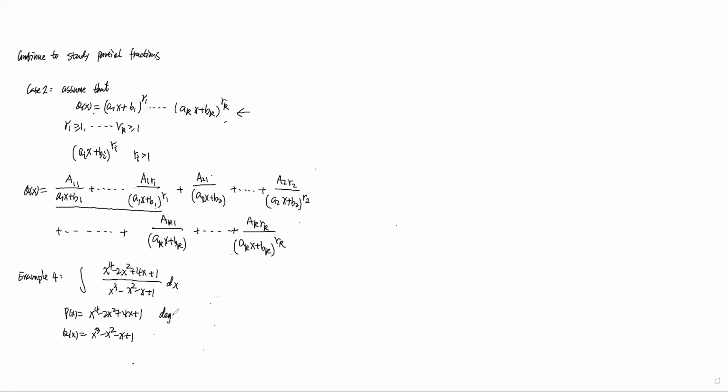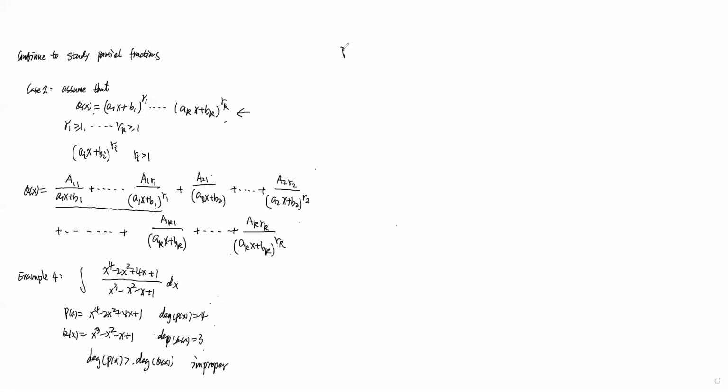The degree of Px is 4, the degree of Qx is 3. So the degree of Px is greater than the degree of Qx, which means this rational function is improper. Like I said before, whenever you use partial fractions, your rational function has to be proper. So you have to use long division.